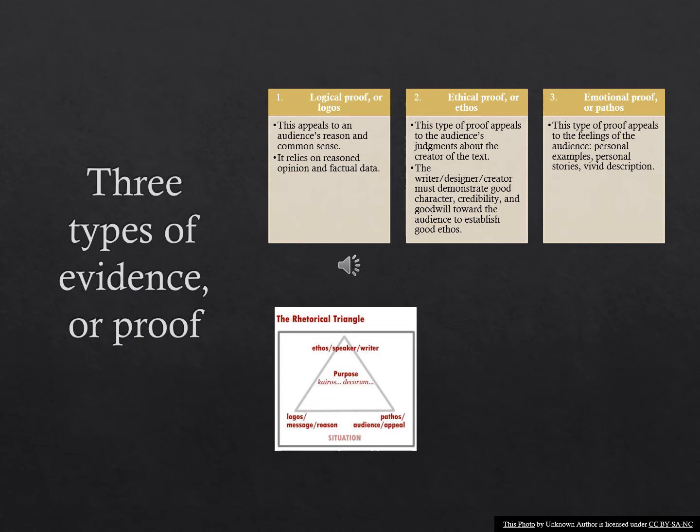If you look at the little diagram at the bottom, the three corners of the triangle are called logos, ethos, and pathos. There's no order to them because it's a triangle. It's not a hierarchy, but they all work together to help create and prove your argument or your analysis.